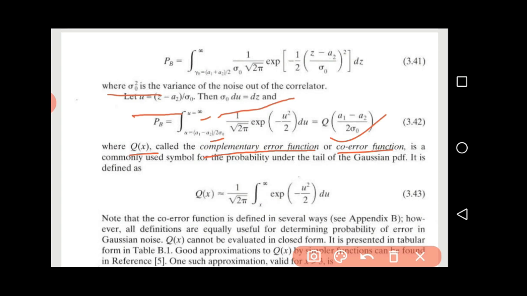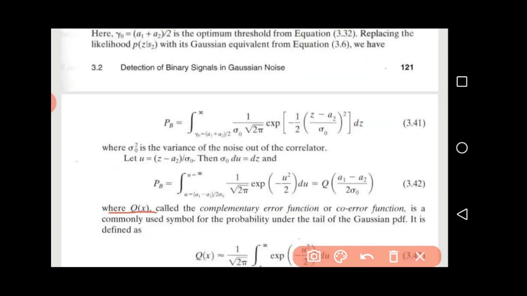It is a commonly used symbol for the probability under the tail of the Gaussian PDF. It is defined as Q(x) equal to 1/root 2 pi times the integration from x to infinity of exponential of minus u squared by 2, du. The co-error function is defined in several ways.